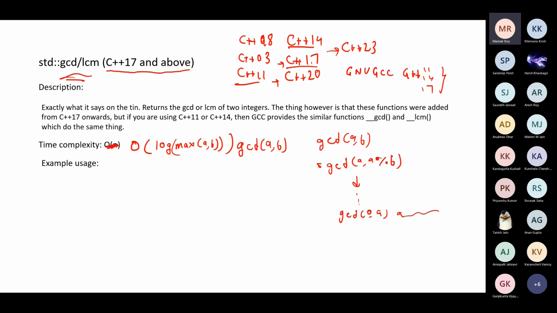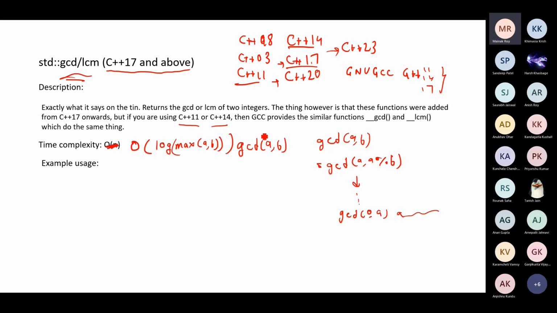So this is just a convenient function to know. You do not need to write your own Euclidean algorithm every time. You can just use GCD or LCM. If you are using C++11 or C++14 on your online judge, then these functions are not available.